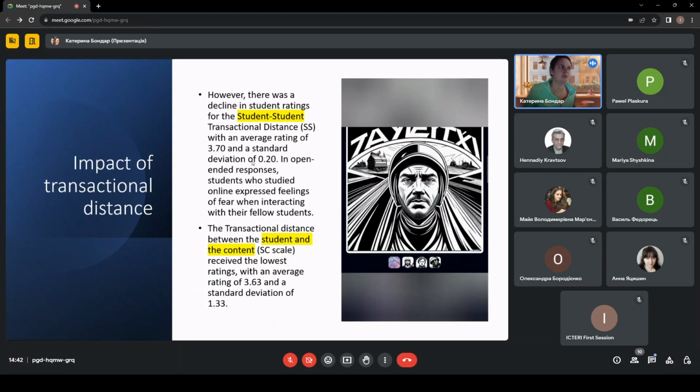And after electricity problems, there wasn't a connection with the platform, etc. And that is why the level of satisfaction was lower.